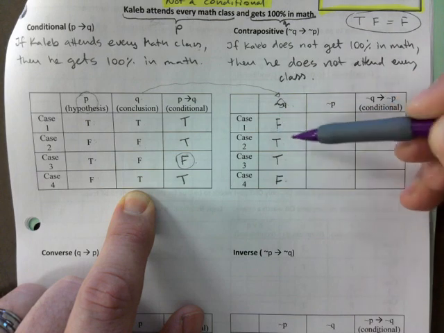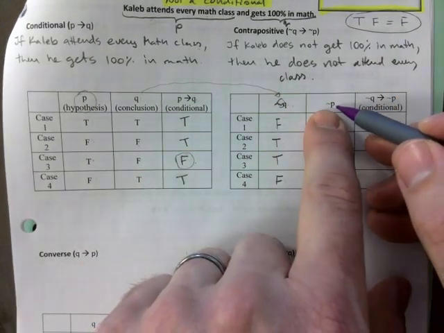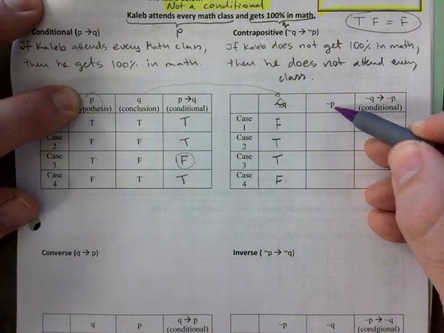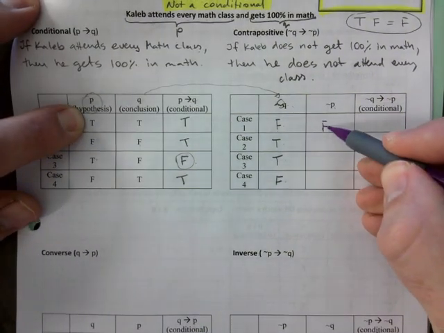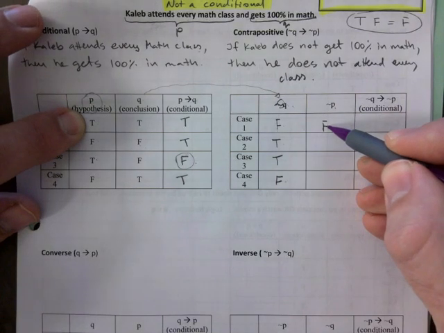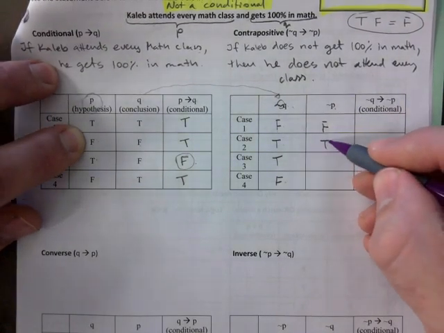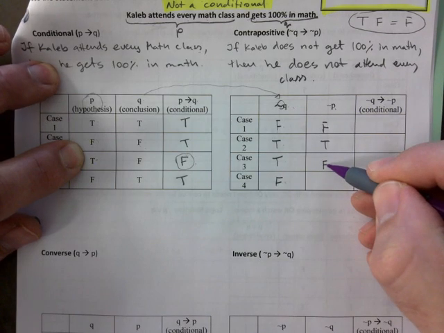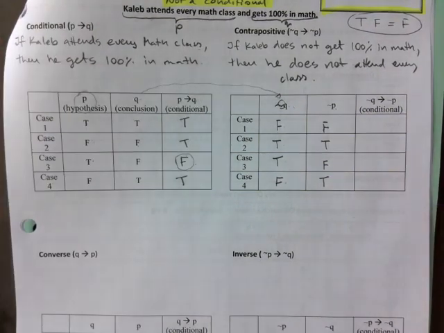And then the same with P. We're going to take P over here from the original and we're just going to switch. If it's true, we change it to false. If it's false, we change it to true. Because that's ultimately what we have done. Okay?